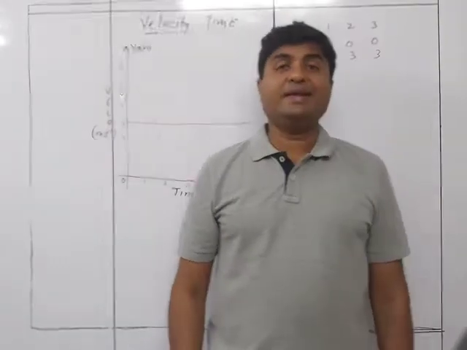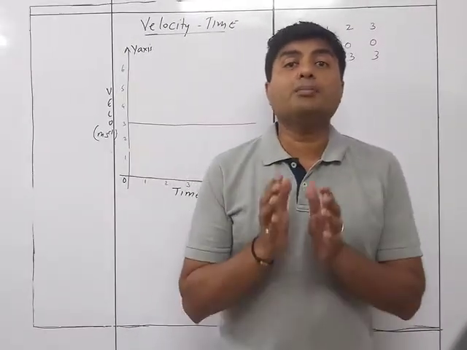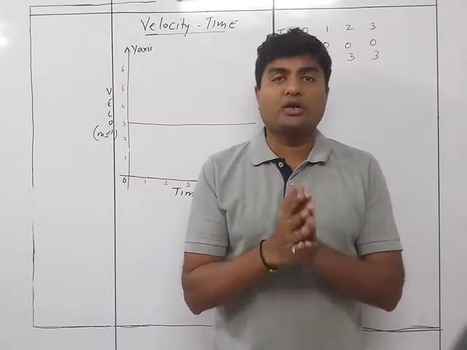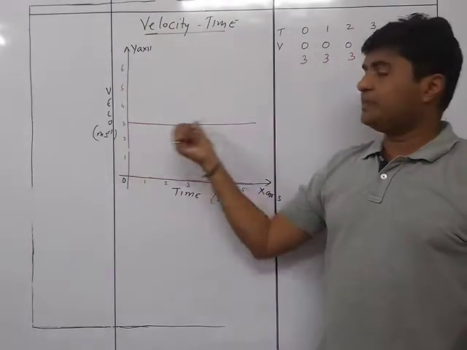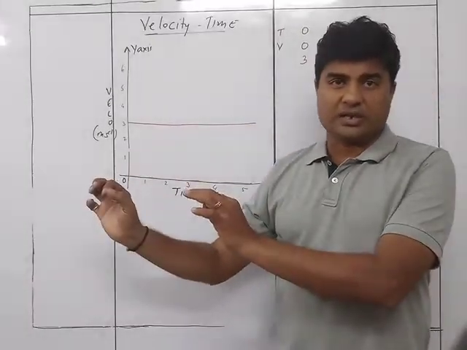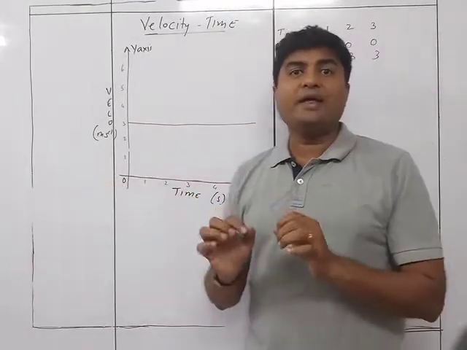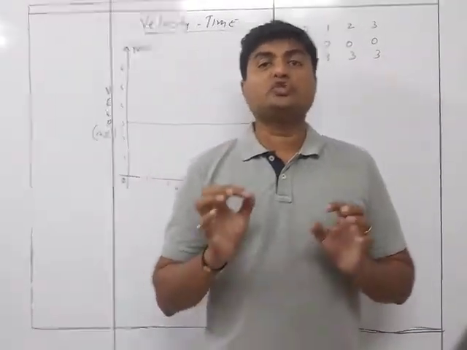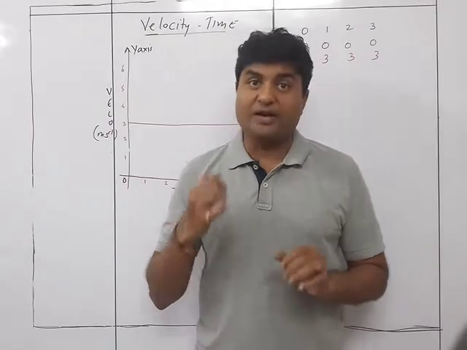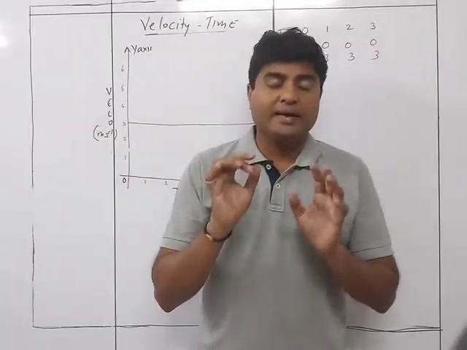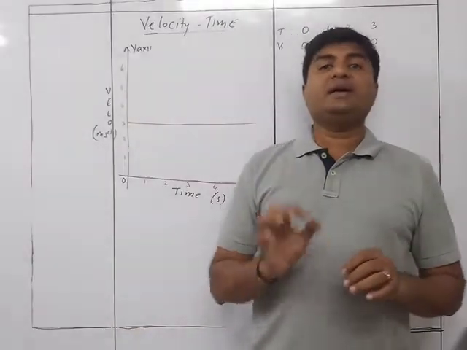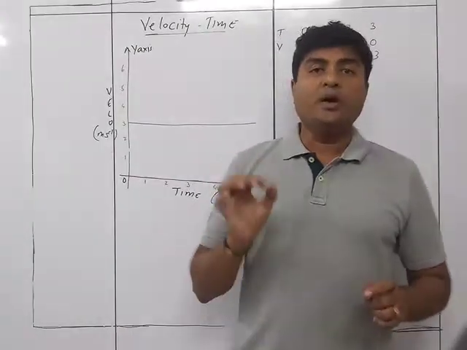No. The body is not at rest, but it is traveling with a uniform velocity of 3 meters per second continuously. Here the direction is also the same. So it indicates that the body is traveling with uniform velocity.